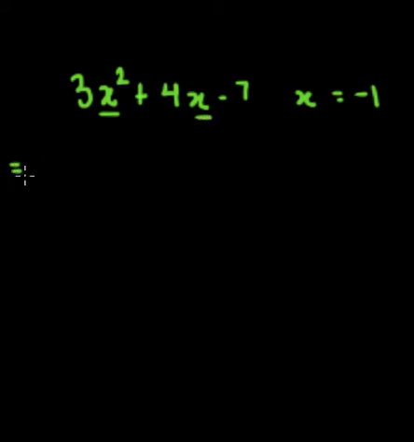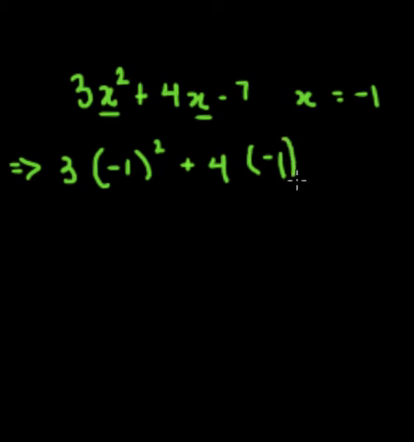So I'm just going to substitute -1 into all these values. That will give me 3(-1) squared plus 4(-1) minus 7. It's always better, while you're substituting, to put the variable into brackets to make sure that if it's a negative sign, you don't get confused, and then you can later expand it.